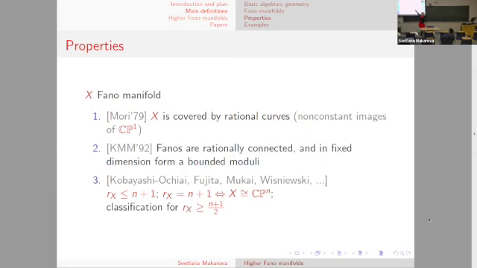And Wisniewski provided some classification for index at least (n+1)/2. So requiring high index for a Fano variety gives enough restrictions to come up with a classification.